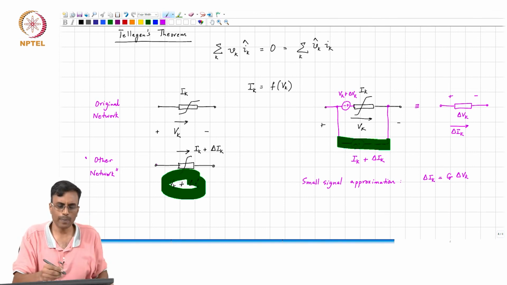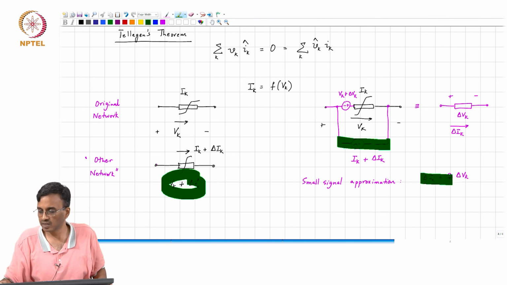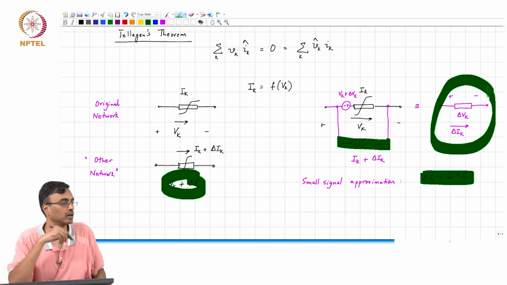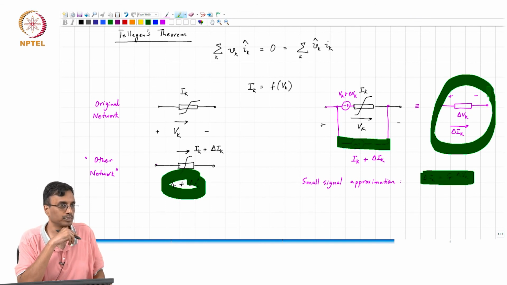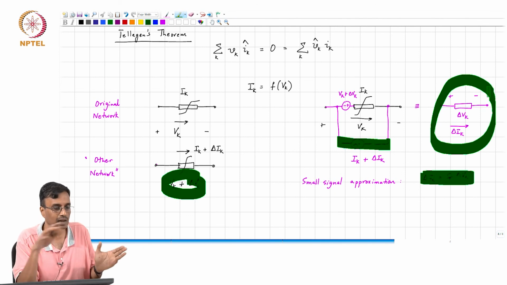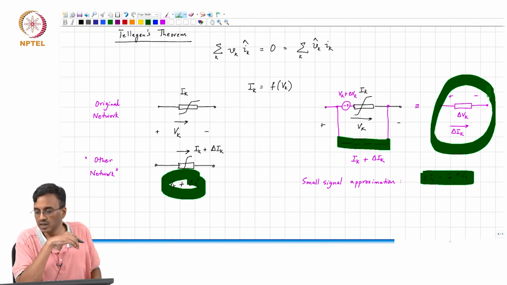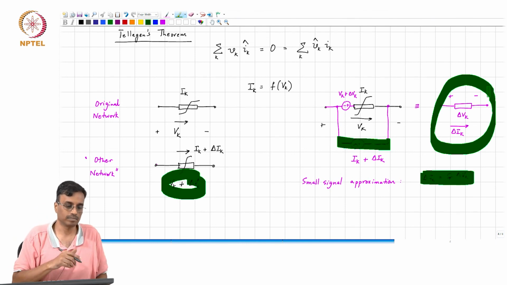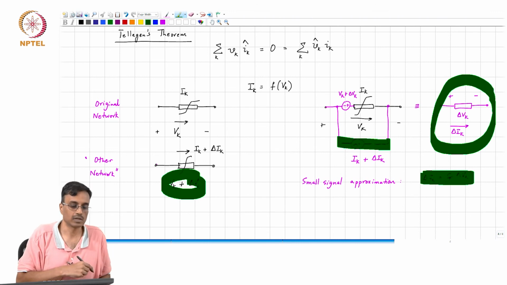The only approximation is this part, right. This is always true. So the changes in the voltages and currents still obey KCL and KVL. The moment you relate the change in voltage to the change in current through a linear equation, that's when you have made an approximation, all right.